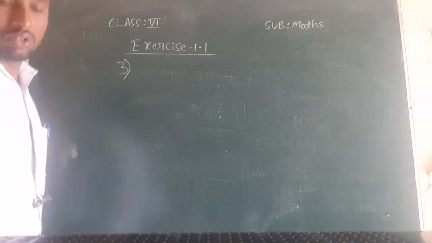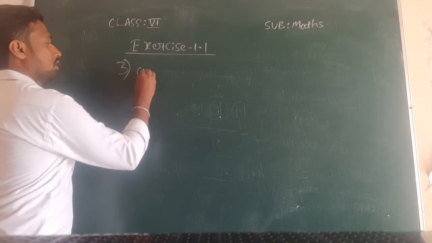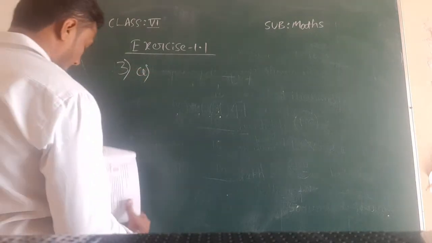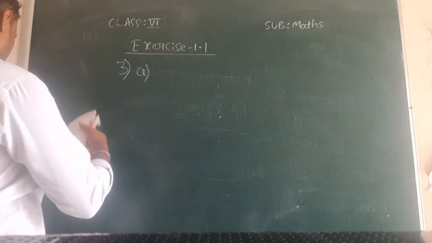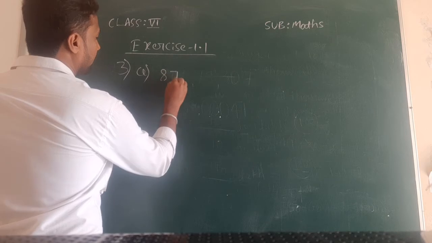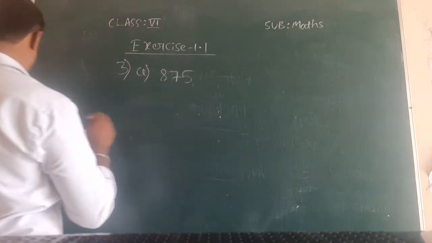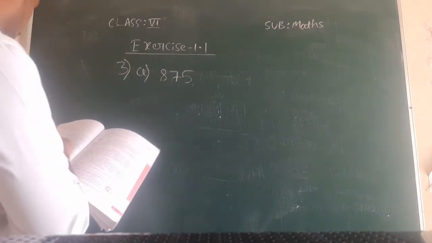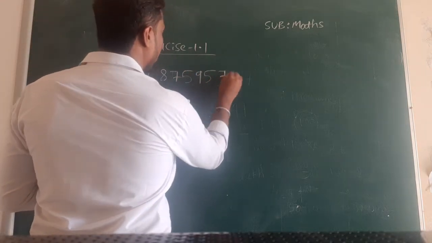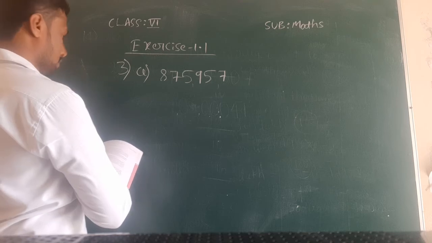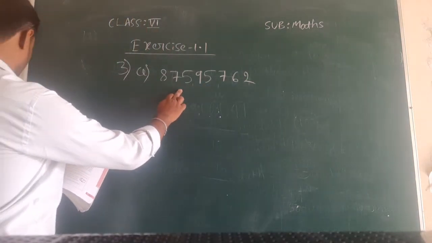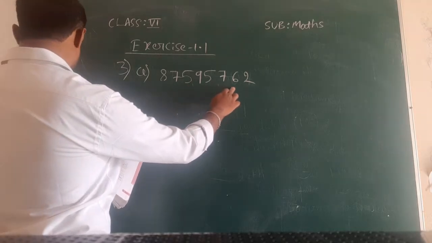Third question, number A. The number they have given is 875 957 62.